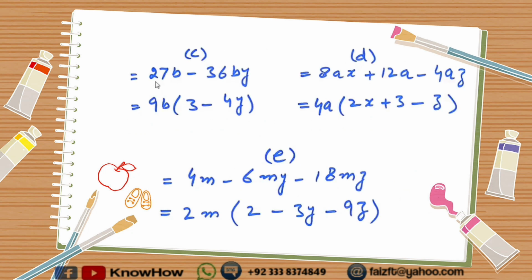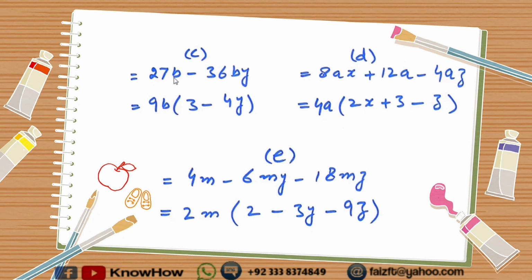In part C, 27b minus 36by, so we have to take the common factor. 27 and 36 are both divisible by smaller numbers also, but we will take the biggest number as the common factor, the maximum number by which both of these numbers are divisible, which is 9, so 9 is the common factor between 27 and 36.